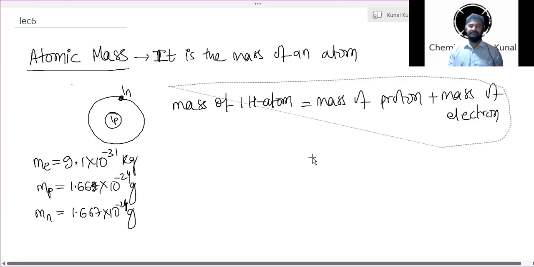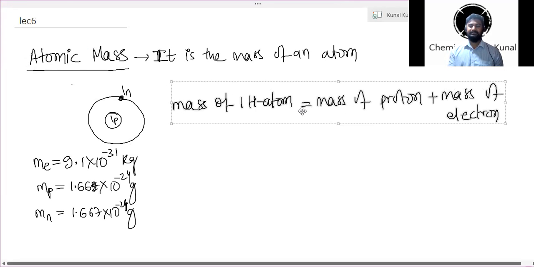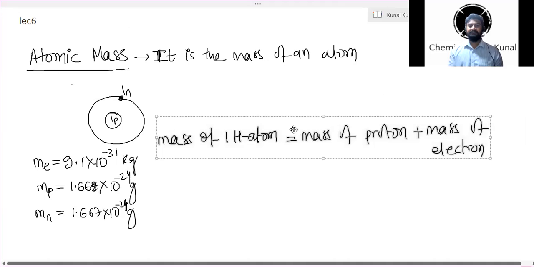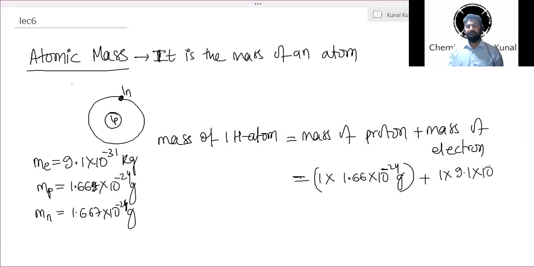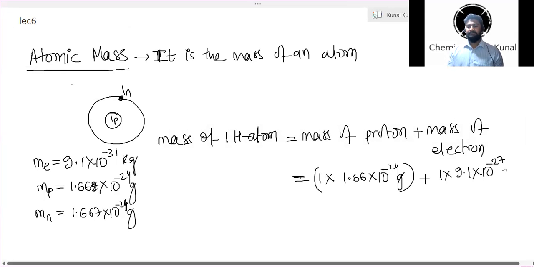So what exactly is mass? The mass of a hydrogen atom is nothing but the mass of proton plus electron. So let's find it out. How many protons are there in this? One proton. So it will be 1 times 1.66 into 10 to the power minus 24 grams plus 1 times 9.1 into 10 to the power minus 31 kg, which I'll make it as 10 to the power minus 27 grams.